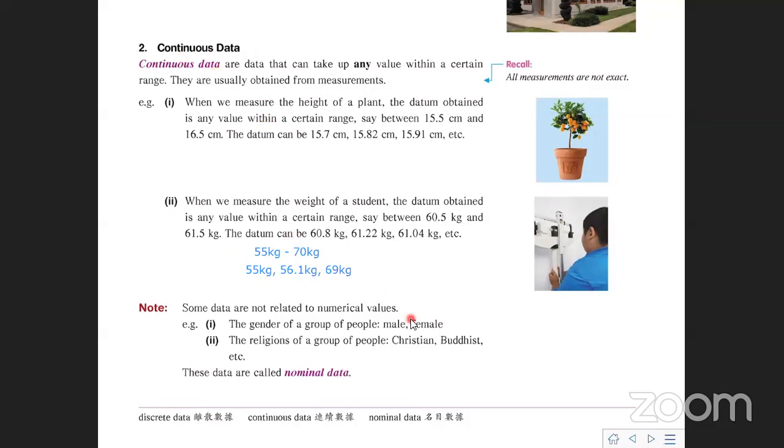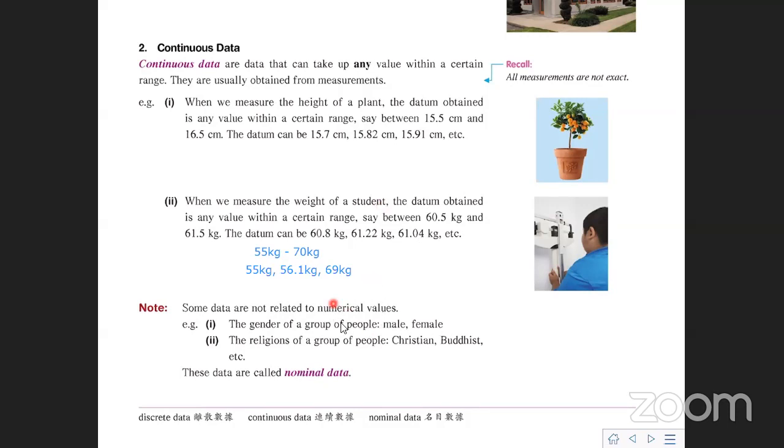Now for these two, number 1 and 2, they are referring to data with numerical values. Can you see this word, numerical values? It means these data are expressed in terms of a number.